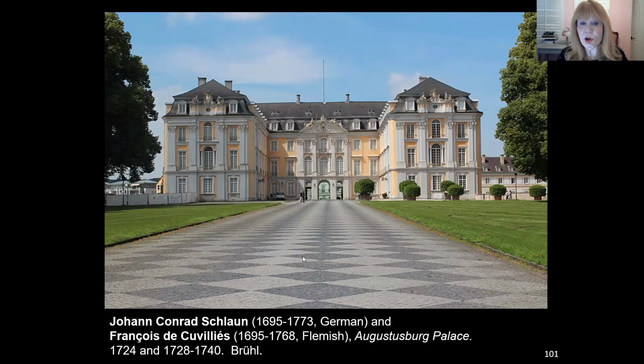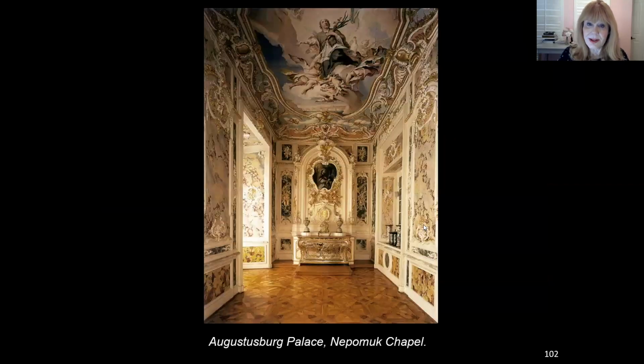In another one of the German interiors of the Rococo style, even though the exterior is more classical, Augustusburg has some beautiful details, not only on the walls, but in the ceiling. Saint John Nepomuk is the patron saint of Bohemia, and the ceiling is one of the stories of Saint John of Nepomuk.